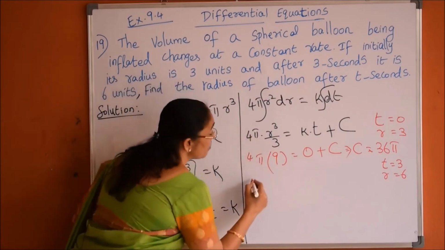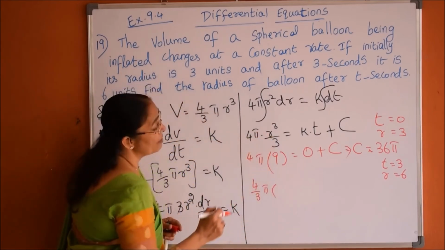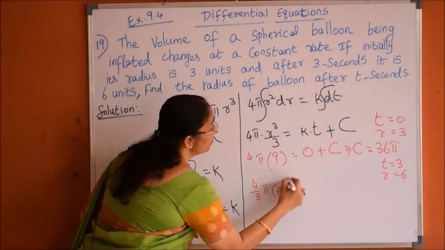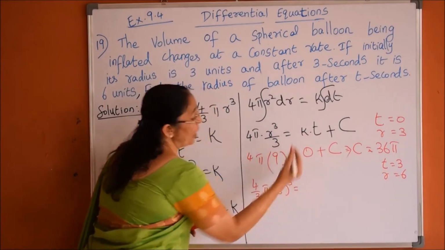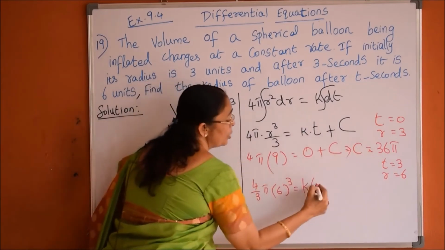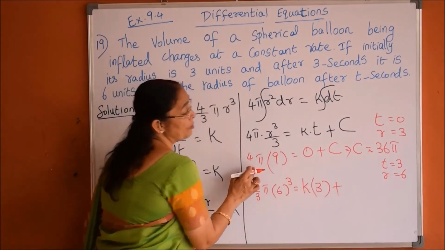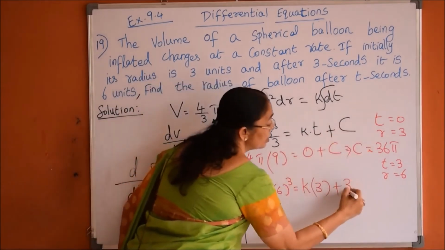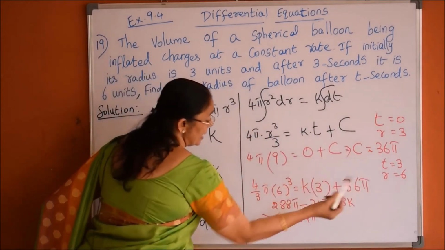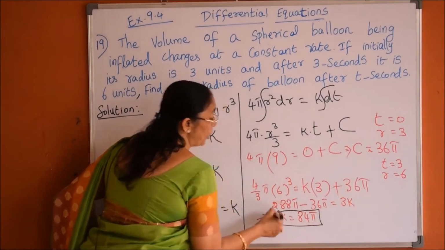The equation is 4 by 3 pi into r cube, where r is 6, so 6 cube, equals k into t, where t is 3, plus the c value we already got from the first information, which is 36 pi. By substituting t as 3 and r as 6, on simplification we get k value as 84 pi.